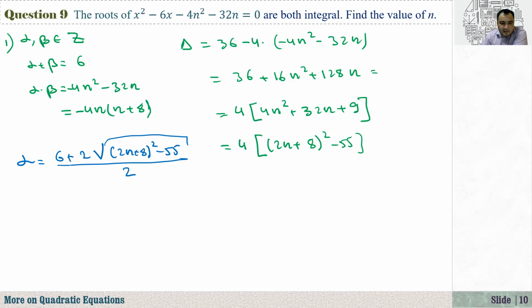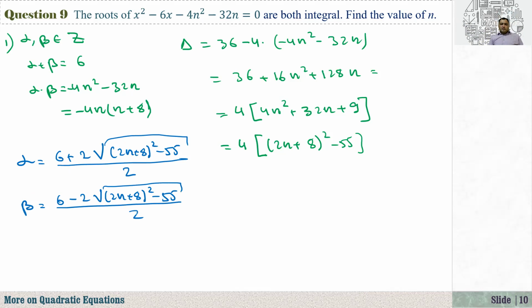And beta will be 6 minus 2 times the square root of 2n plus 8 squared minus 55, over 2. So we can simplify this, right? When the roots are integers, the expression under the square root, 2n plus 8 squared minus 55, is a perfect square number.